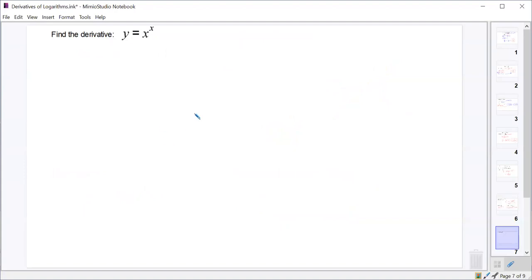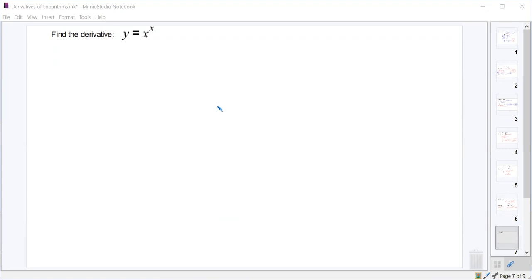Now let's take a look at this one. Y equals x to the x, and let's see what we can do with that. Any thoughts on dealing with x to the x power? Can I use the power rule? No, we can't use the power rule because the power rule is for x to a number.